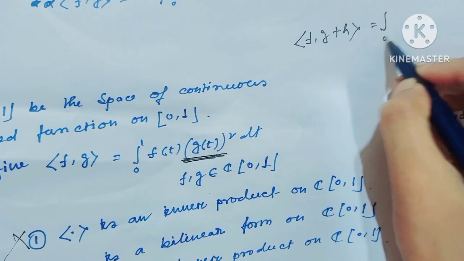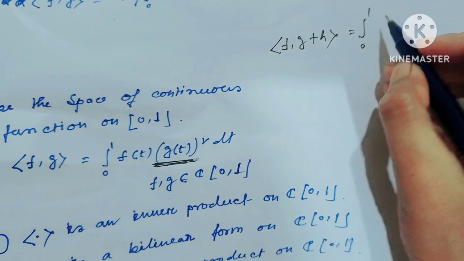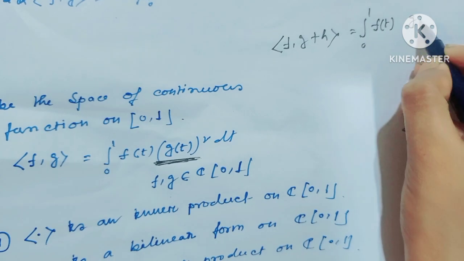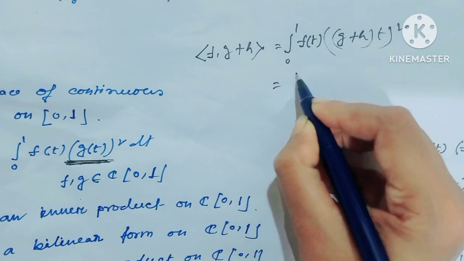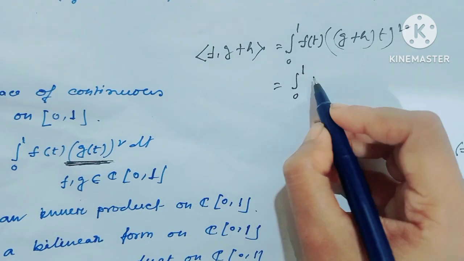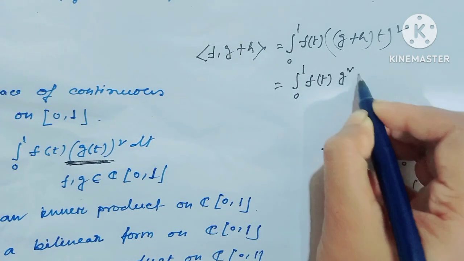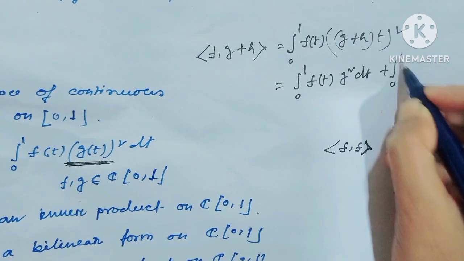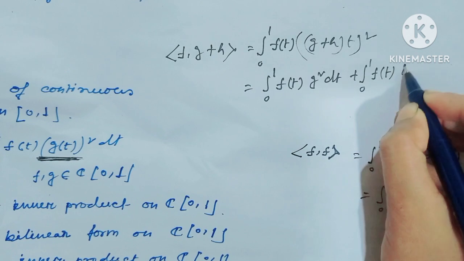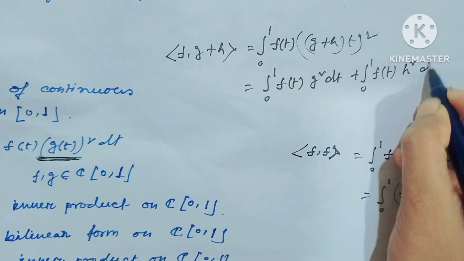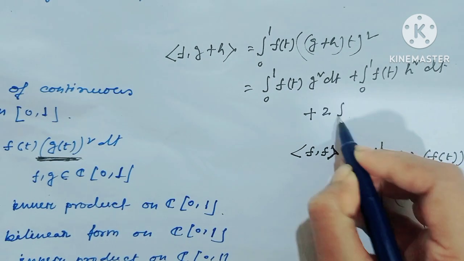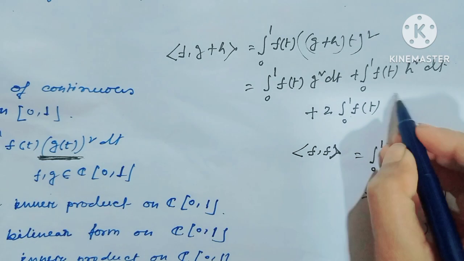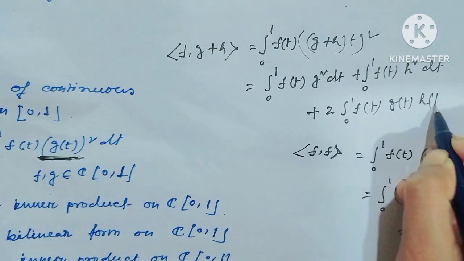This is equal to integration 0 to 1 of f(t) times (g plus h)(t) whole square, and this is equal to integration 0 to 1 of f(t) g square dt plus integration 0 to 1 of f(t) h square dt plus 2 integration 0 to 1 of f(t) g(t) h(t).